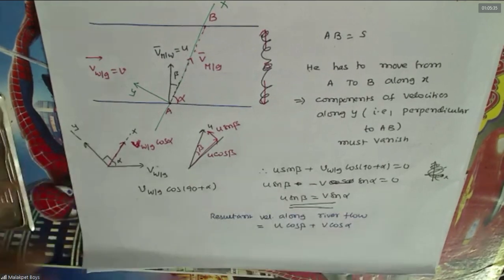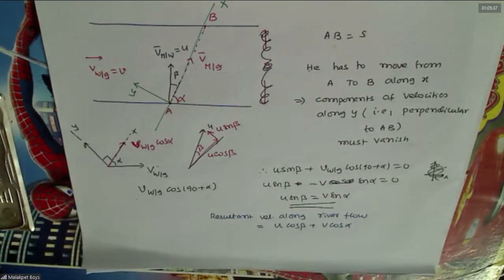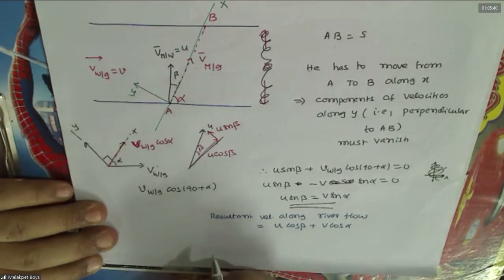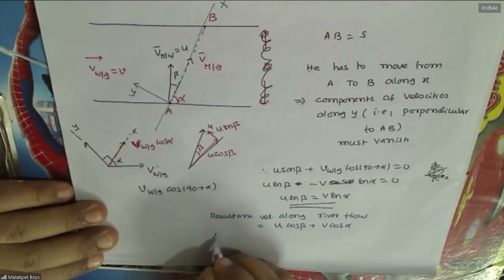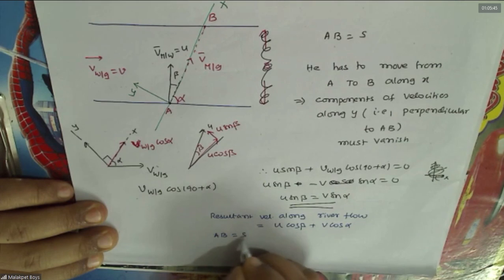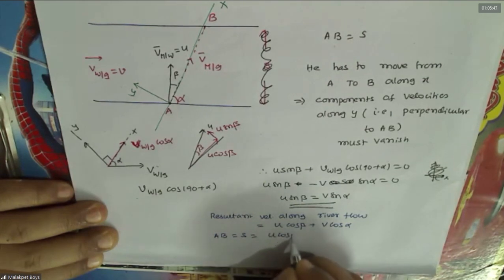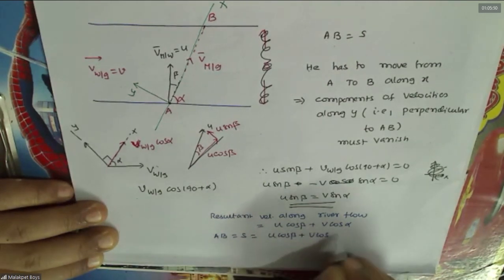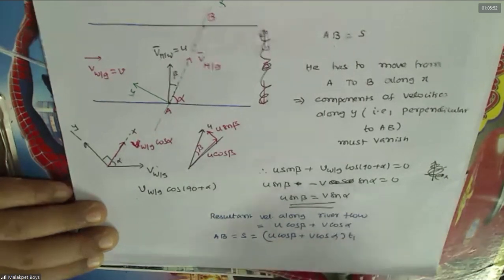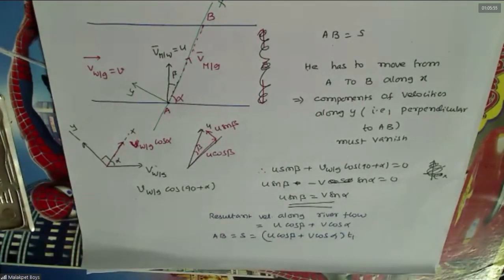You agree with this? Therefore, the distance AB, which is S, is nothing but velocity along that direction into T1. Do you agree with this or not? This is the time to move from A to B.